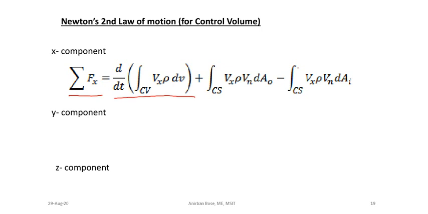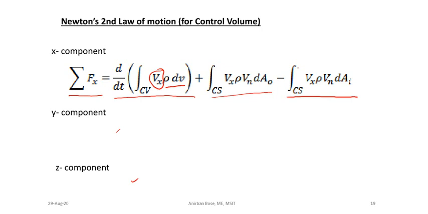You see that here instead of V only the x component of velocity is written, and this is the small mass at a point, the velocity at that point is given, so this part, and this is the x component of momentum that is leaving through the area dA, and it is integrated over the whole outlet area, minus the rate of momentum that is coming into the control volume along x direction. So x component of that has been written. Similarly for the y and z component you can write. Okay, so this is Newton's second law of motion written for the control volume.